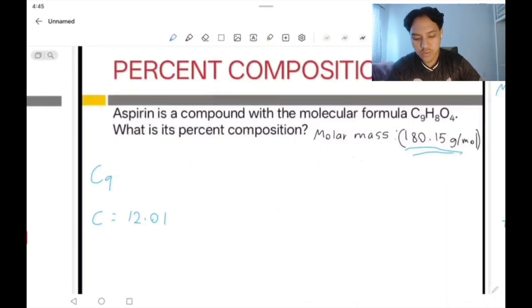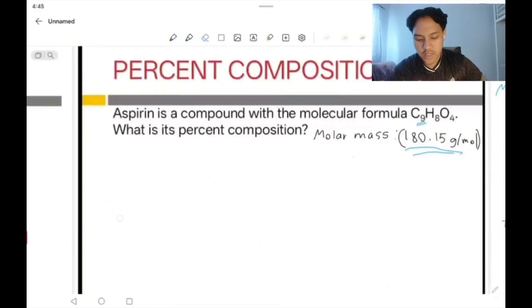We start with the element C. The element C has a subscript of 9 after the letter C. That is the n value, remember? So we just substitute into the formula.